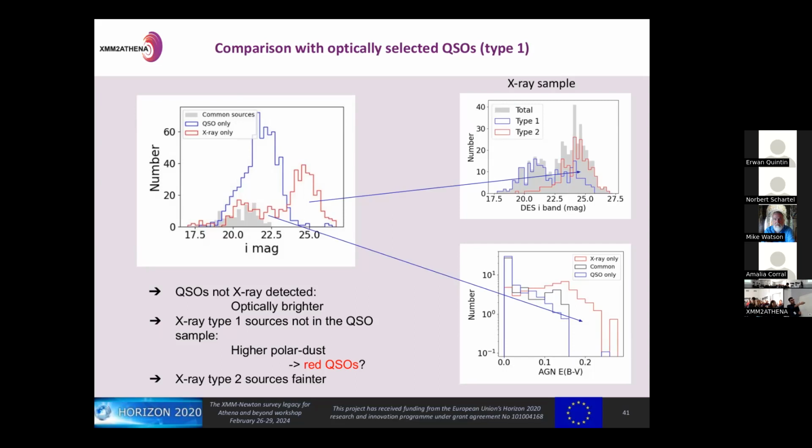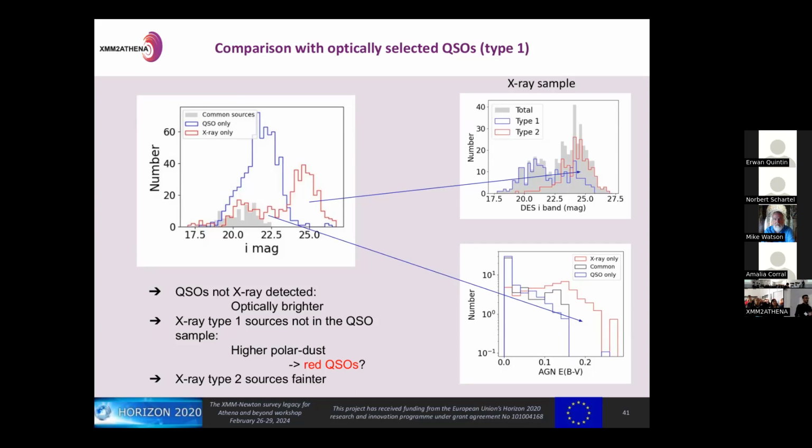If we trust the SED fitting results, we find that these X-ray type 1 non-optically selected AGN have higher polar dust in their system.